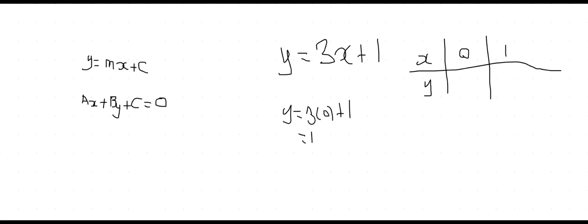When x is 1, we have y is equal to 3 times 1 plus 1. 3 times 1 is 3, plus 1, it's 4. So when x is 1, y is 4. So we have 2 points. We have 0, 1, and we have 1, 4.